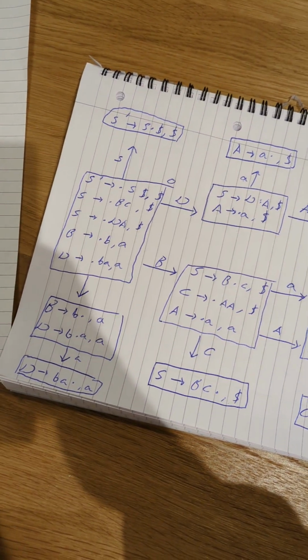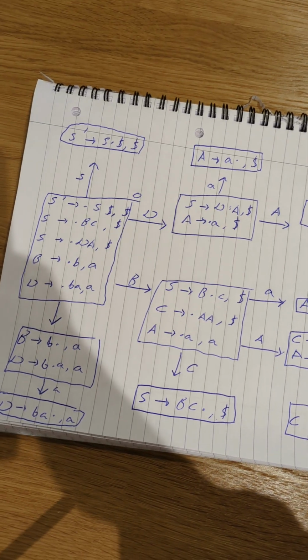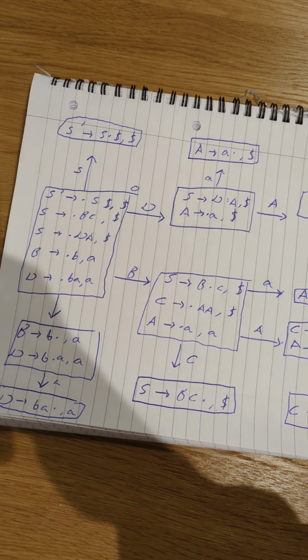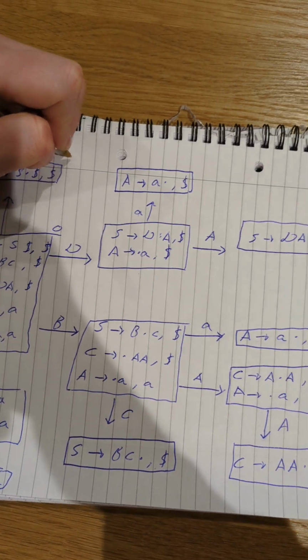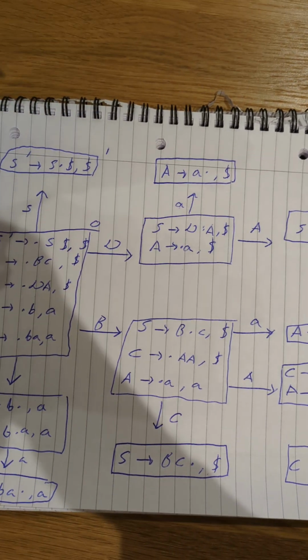So then we just have to label all of our item sets. I'll just go clockwise and breadth first.